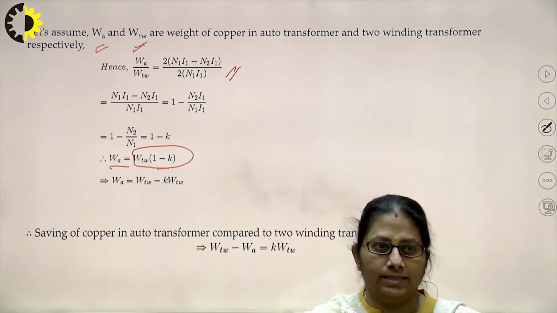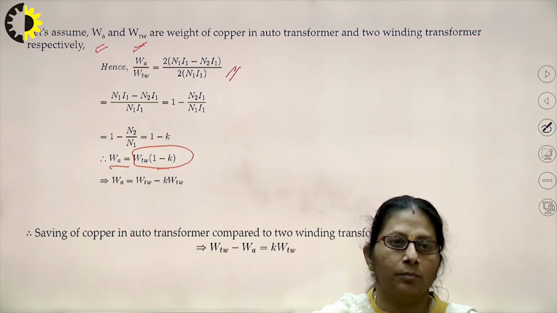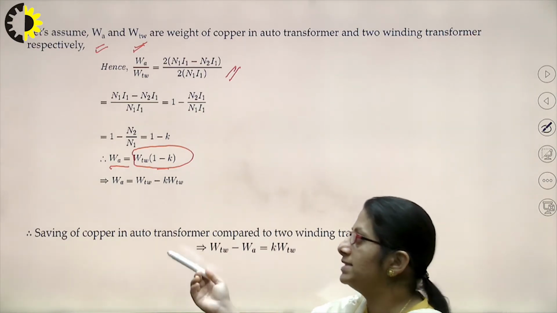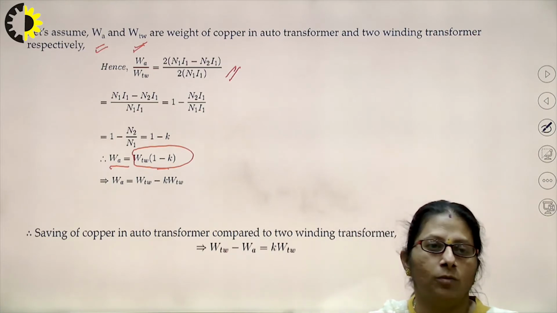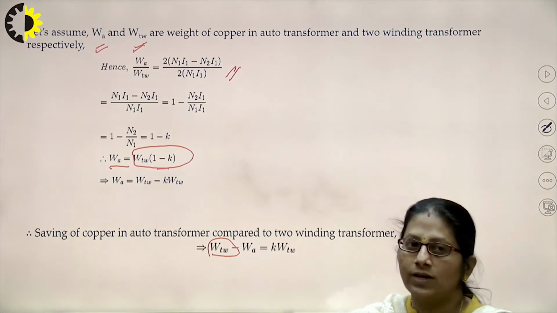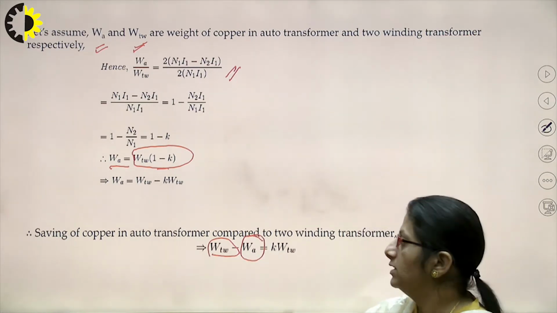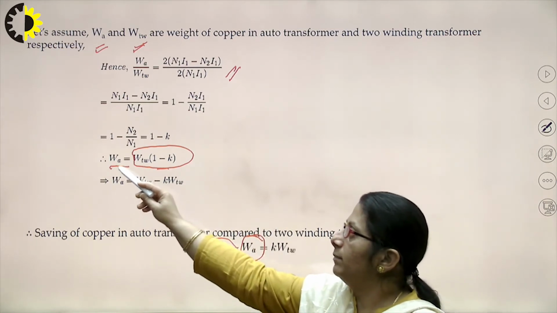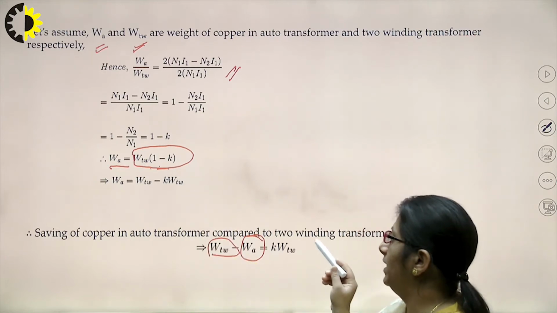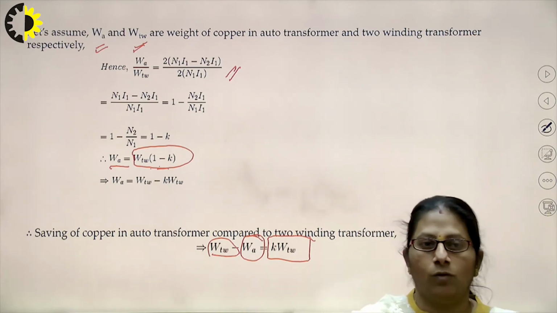If that's the case, how much copper is being saved compared to a 2 winding transformer? The saving of copper in the auto transformer is given by the weight of copper in the 2 winding transformer minus the weight of copper in the auto transformer. If I substitute WA as the weight of copper in the 2 winding transformer multiplied by 1 minus K, I get K times the weight of copper in the 2 winding transformer.